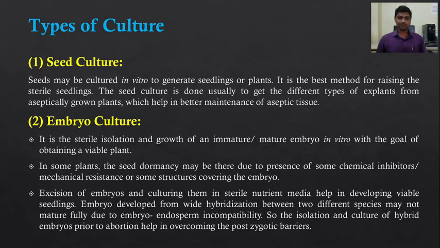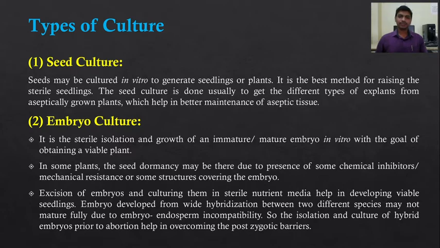In such a situation, the isolation and the culture of this hybrid embryo prior to abortion help in overcoming the post-zygotic barriers. Such an embryo is not able to develop into the seedling because the embryo and endosperm are not compatible with each other, so it does not germinate into the plumule and radicle.